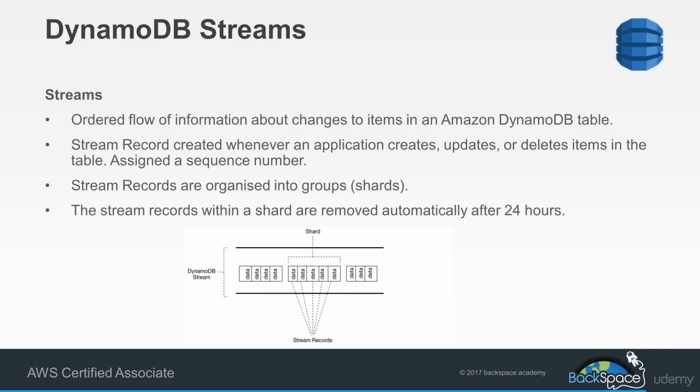That sequence number will allow you to see which one came before. So if you're trying to look at different stream records, you can tell by the sequence number the order in which it was created. Stream records are organised into groups or shards of records. And the stream records within a shard are removed after 24 hours, so they're not there forever. But it's another thing that you can use for monitoring what is going on with your DynamoDB table.